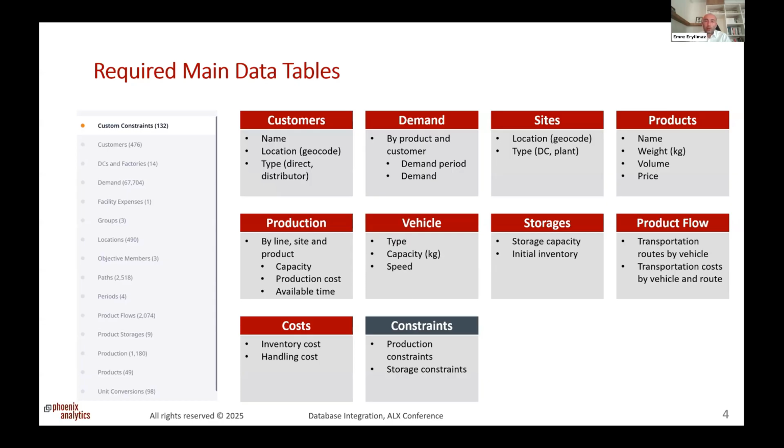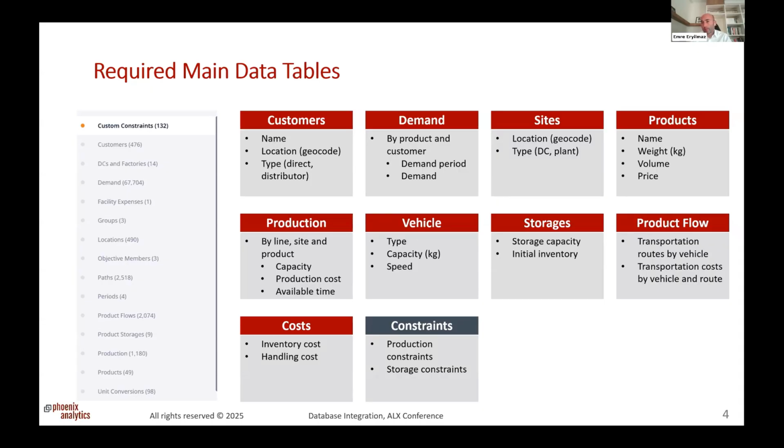We need the demand of each distributor or direct customer by product and by period. For example, we made a yearly optimization, and we use quarters, so we need to get demand on a quarter basis.